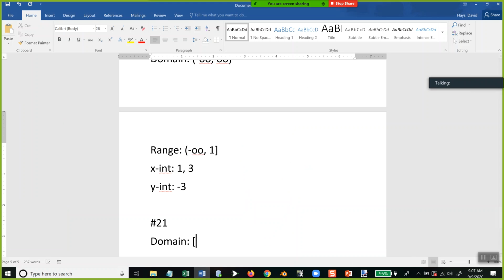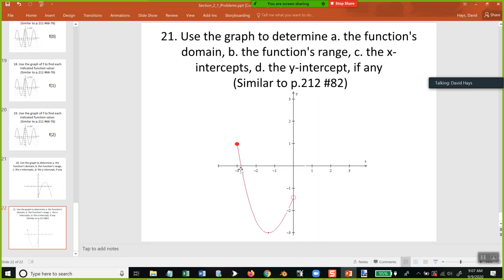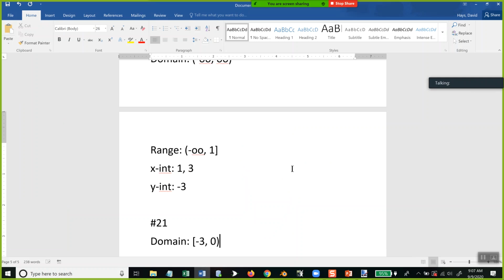And it's a solid dot, so it's a bracket. Only time you put a parenthesis is when it's an open dot. Now this is my rightmost point. If I come straight up to my x-axis, that's 0. And it's an open dot, so I'll put a parenthesis there. And that'll be our domain.